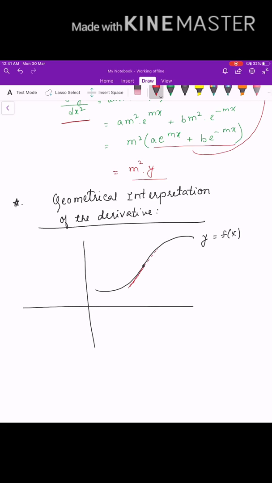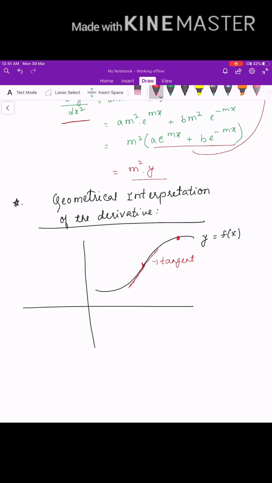This line is nothing but the tangent. Tangent is nothing but a straight line which just touches the curve at one point. So the slope of this tangent is the slope of this curve at this given point.